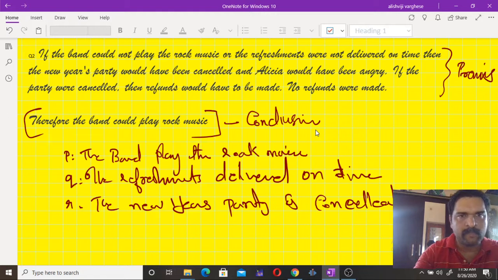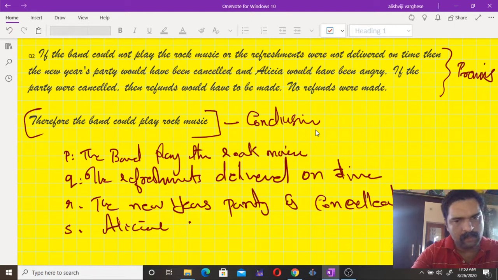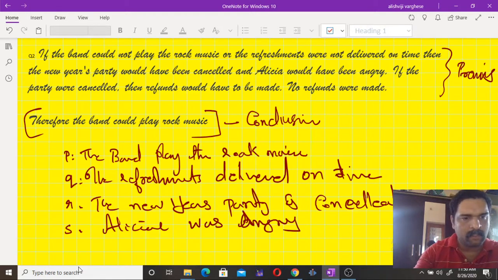That is R. Then there is one more thing: Alicia would have been angry. So that is our next statement. Alicia would have been angry. So she was angry, S.